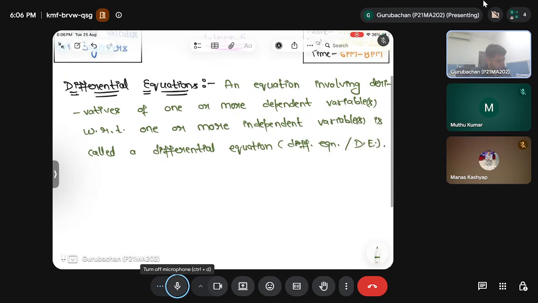So let us see some examples. First one is d4y by dx4 plus d2y by dx square is equal to e to the power x.